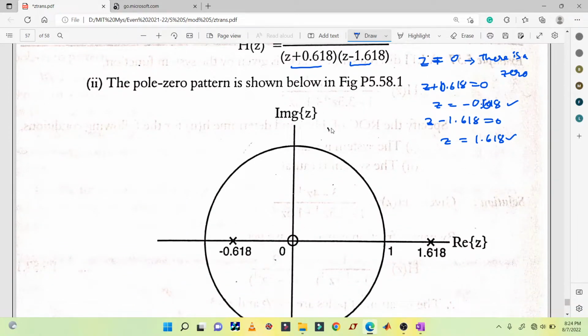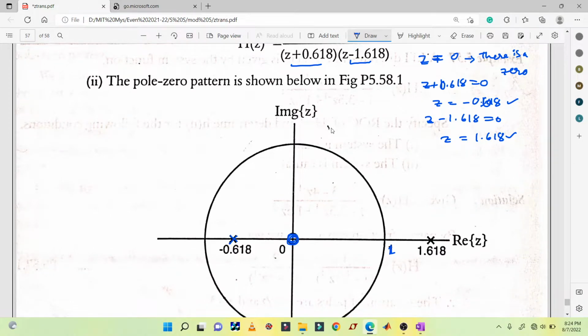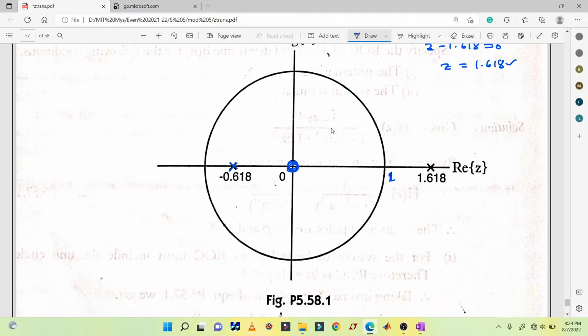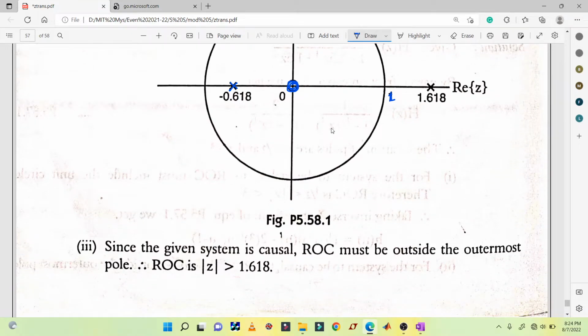So using these two poles and the zero, it has been plotted here. You can see there is a zero here, and there is one pole on the negative axis at minus 0.618 and another at 1.618 here, and this is the unit circle. Okay, so this is the pole zero plot. Next, we need to find the ROC assuming the given system is causal.